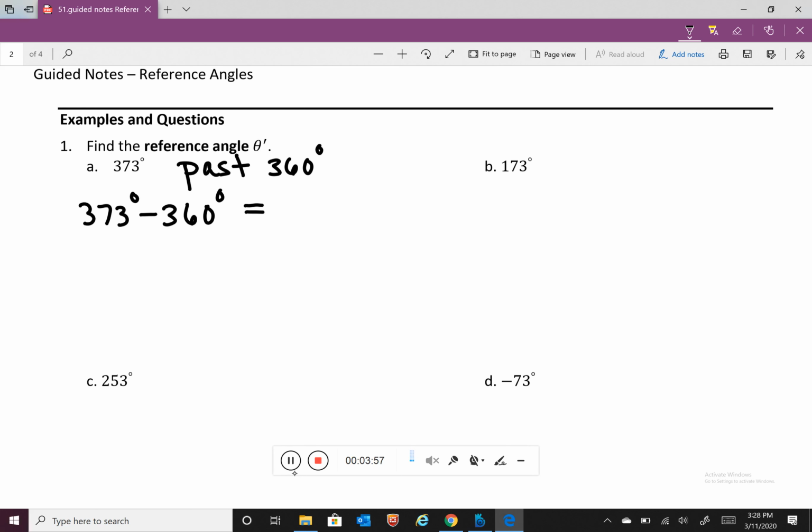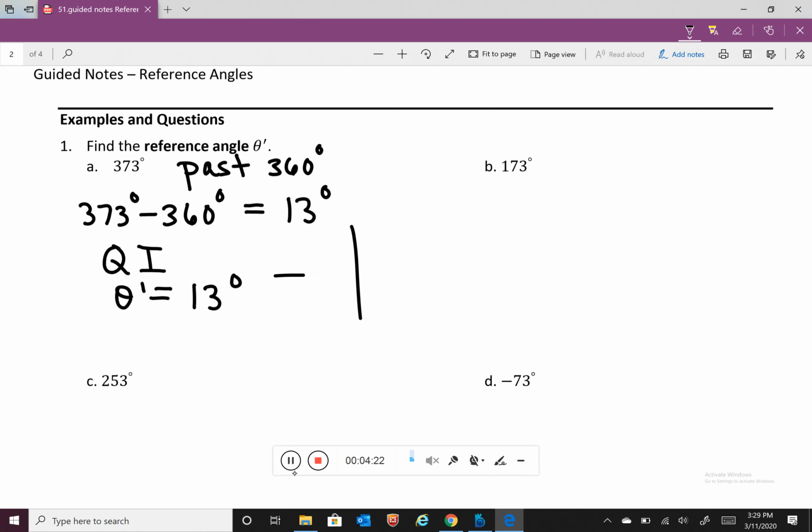And that very much so helps me understand where 373 degrees is, because it is coterminal to 13 degrees, and 13 degrees lies in quadrant 1. So the reference angle is 13 degrees.